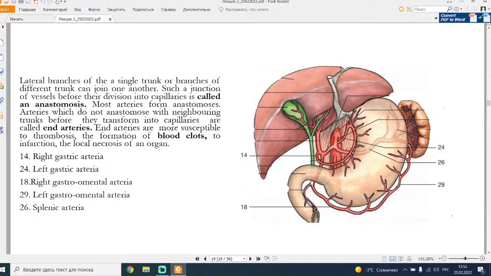What you see, right gastro-omental artery, left gastro-omental artery. This is, you see, splenic artery. This is an anastomosis between the right gastro-omental artery and left gastro-omental artery. This forms an anastomosis.